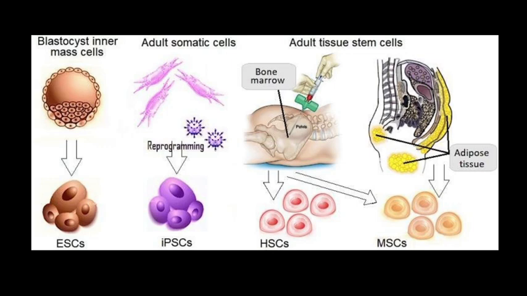Please try to understand how the induced pluripotent stem cell differs from other types of stem cell. In the case of HSC, MSC and ESC, they are directly isolated from the sources, whereas in iPSC, normal cells are converted into stem cells with the help of a reprogramming process.